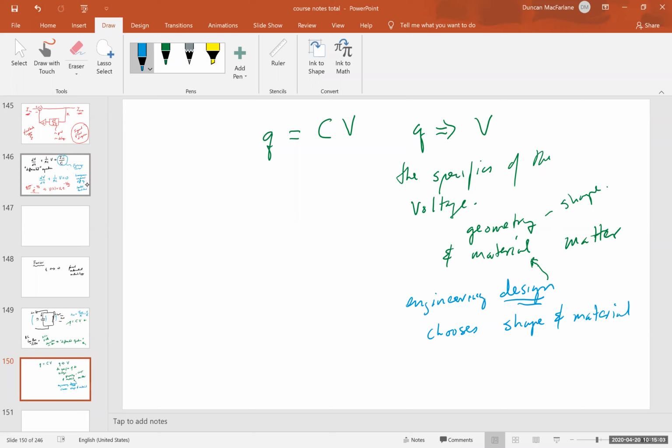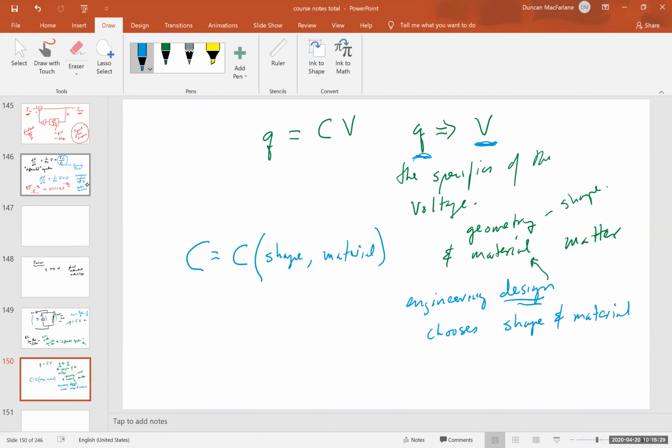We get to design the capacitance. We get to design some of the way a charge produces a voltage. Okay? So the capacitance is a function of the shape and the material.